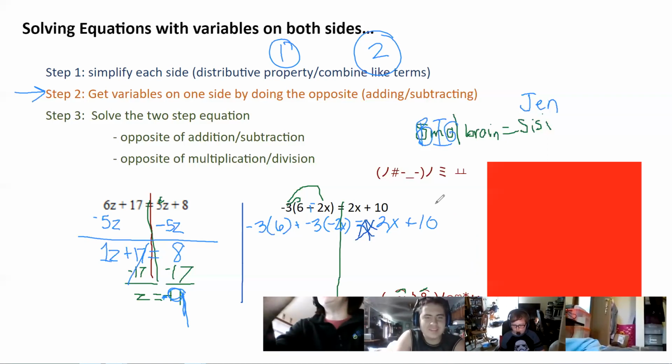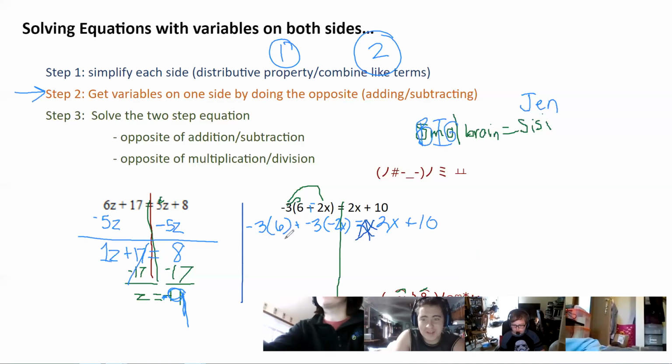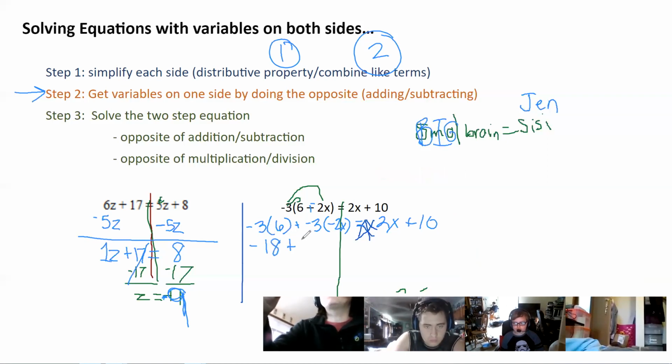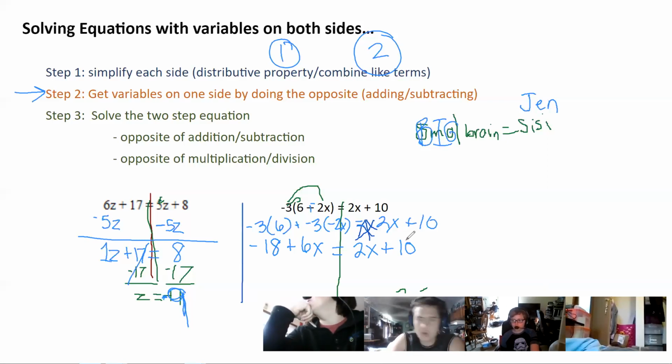Now we're going to simplify right below. No writing on the board, guys, unless it's relevant to what we're doing here. So we distributed. Now we're going to simplify. We get negative 18 plus 6x. Right? Do you guys see that? We just multiply it out.